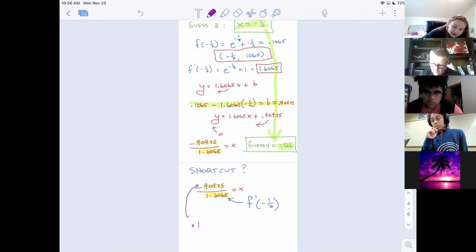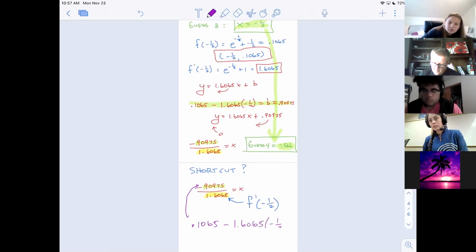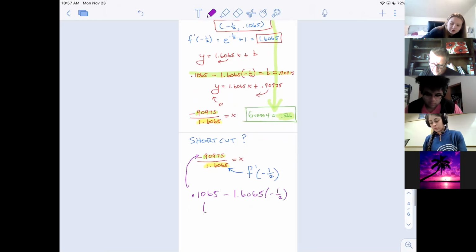That was the y value, wasn't it? 0.1065 minus 1.6065 times -1/2. So that was f of -1/2, the y value. And wasn't that the slope? That's the same slope we had a minute ago. So that's f prime of our -1/2, and then that actually is -1/2.